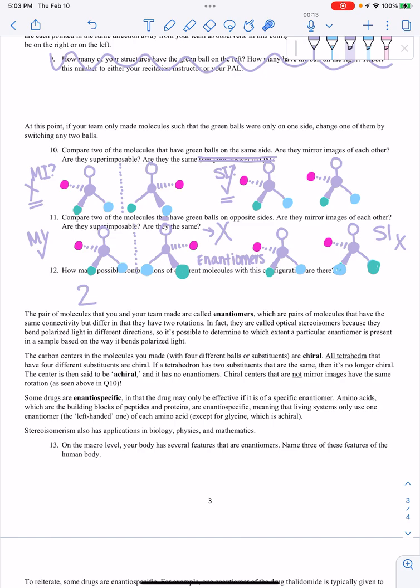And it might take a little bit of playing around with your model kit, which will be super helpful to see that there's only 2 of these configurations. And so we're almost done here.